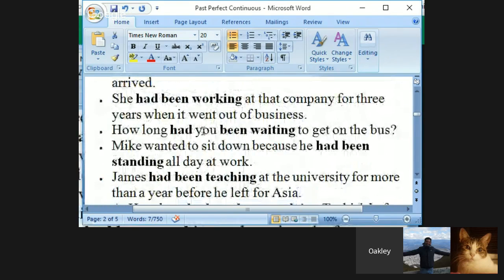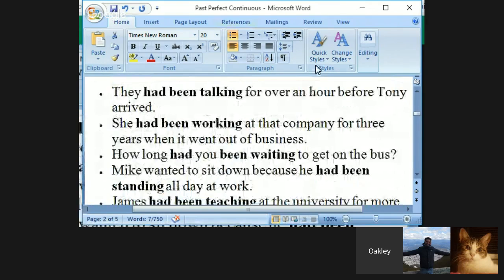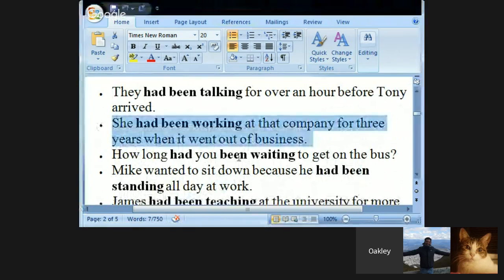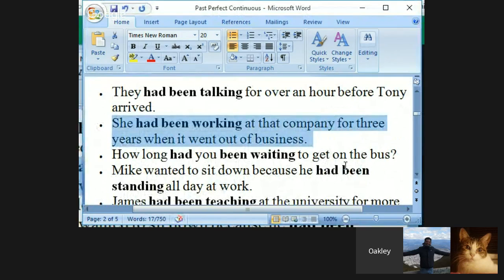Let's look at this other one with when here. She had been working at that company for 3 years when it went out of business. This sentence uses past perfect continuous, and it's a subtle difference.